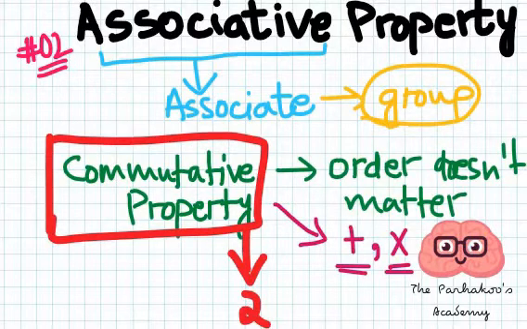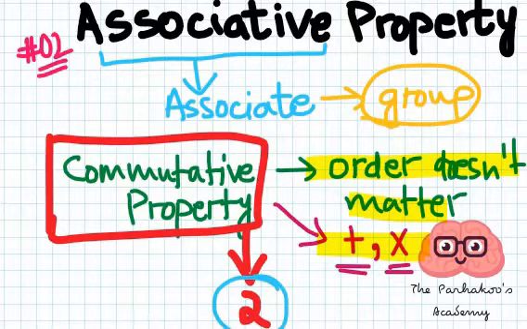Now there is a slight difference. As I said, if you know the commutative property, you know the associative property. So these two things remain same in the associative property. Here as well, order does not matter, it doesn't affect the result, right? But the only condition which is different is this one.